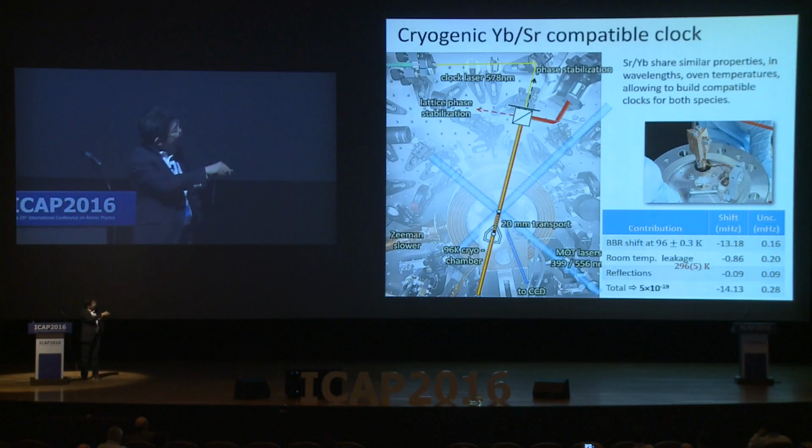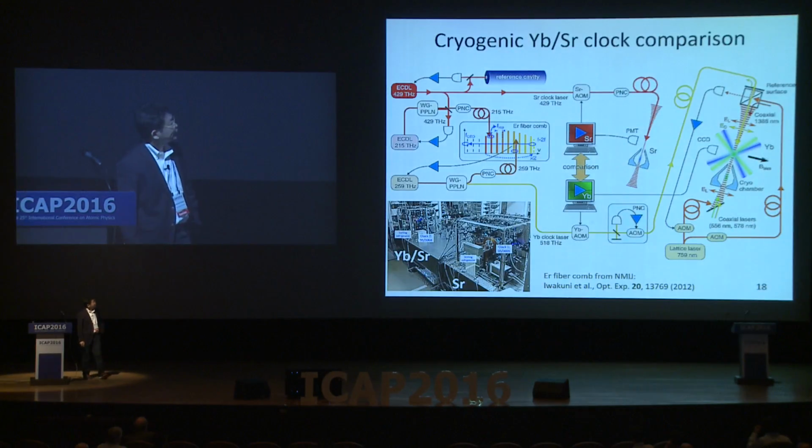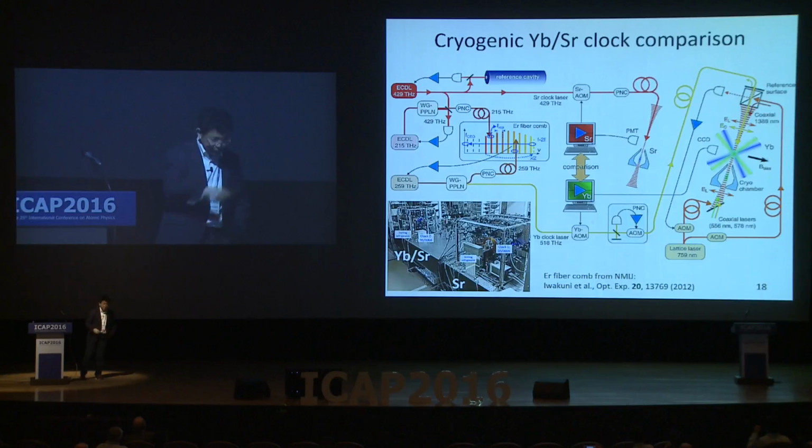We use the same machine, but we just put the Yb metal in the oven. That's it. So it was quite easy. We can also reduce the blackbody radiation uncertainty down to the 10 to the minus 19 level by using this cryogenic setup. This is how we compare the strontium clock and the ytterbium clock with the frequency comb.